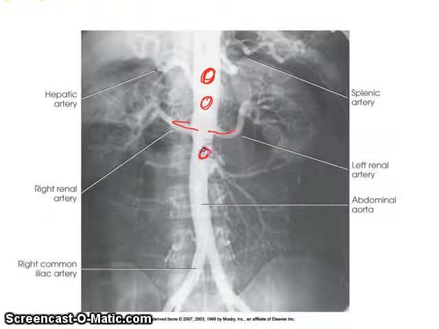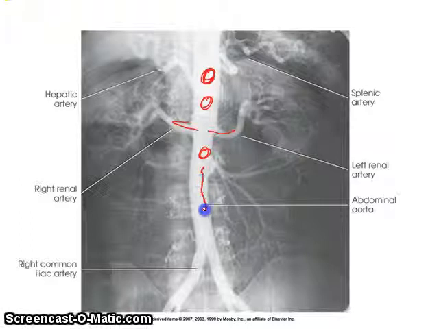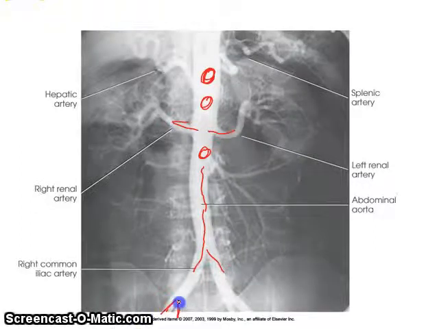Then you have an inferior mesenteric artery. And then from there, the aorta descends down and bifurcates into the right and left common iliacs, and on this picture you can just barely see external and internal iliac, and that's as far down as you can see on this picture.